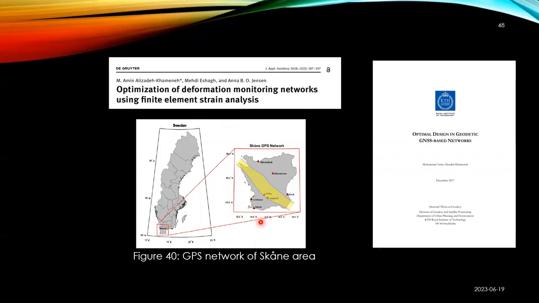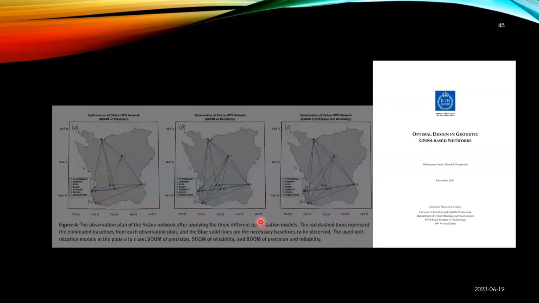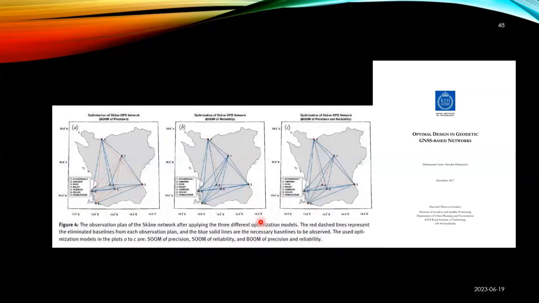I wanted him to go to the strain and to the finite element model, and from the finite element model estimate the strain error and try to optimize the network based on the strain error, not the position error. So he concluded that with these three scenarios of the optimization, he can get good accuracy for the strain.